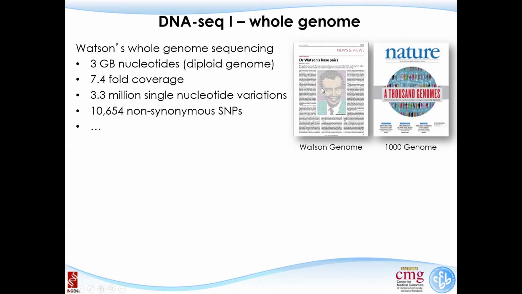You can see this gentleman here is James Watson, who found the double helix, and I think it's very much justifiable that the first individual human genome sequenced is the DNA of James Watson. The work was done in 2007. They used the 454 technology to do the sequencing. It cost them $2 million to sequence the whole genome, and at that point, they had 7.4-fold coverage.